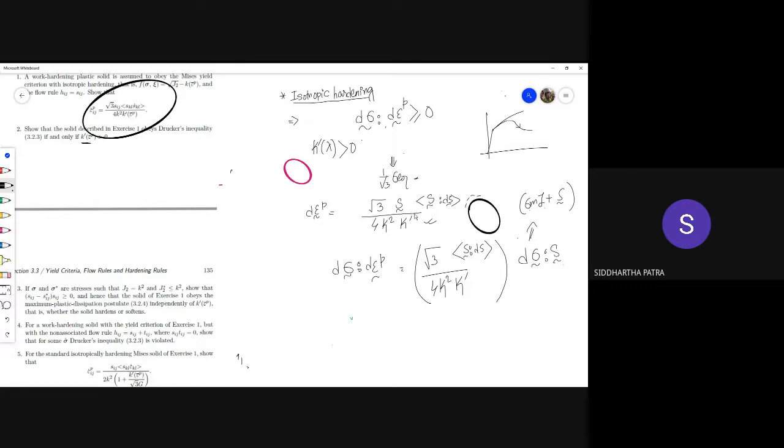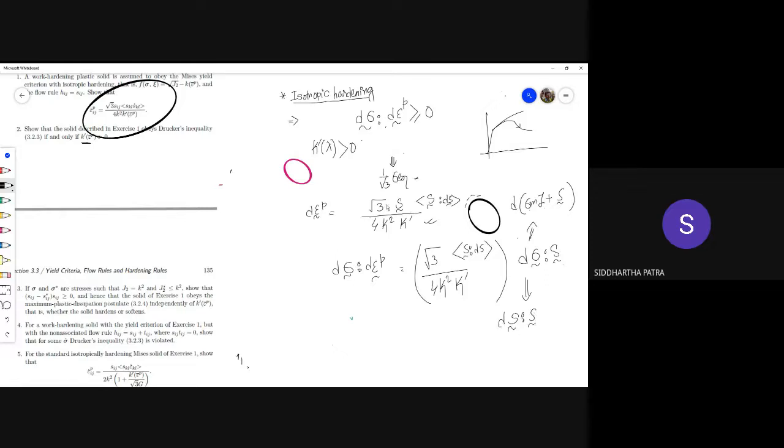So okay, d sigma of this quantity, right? So this is equivalent to having S ds inner product S.